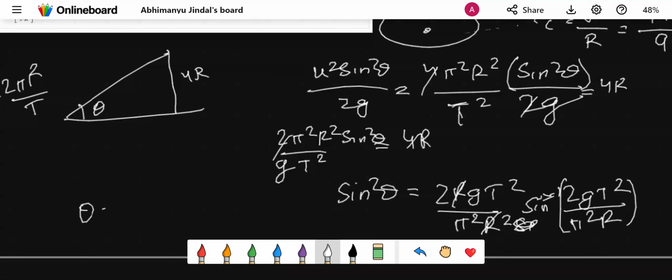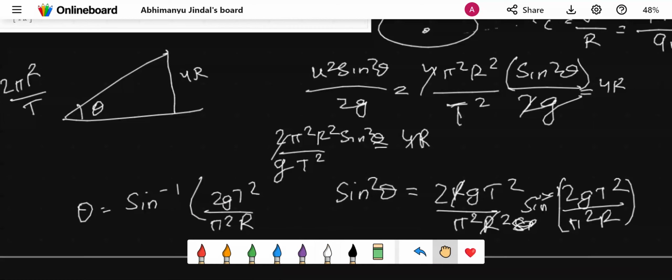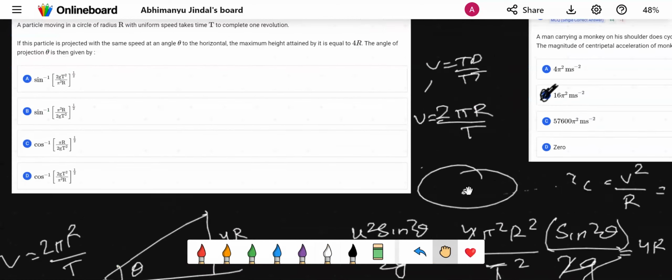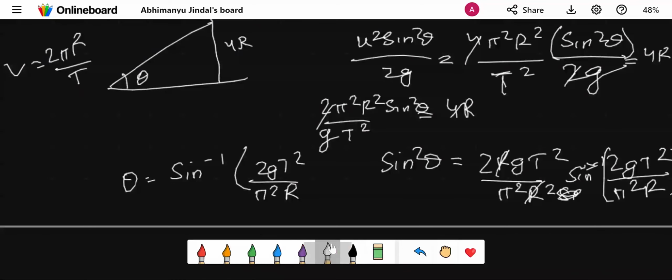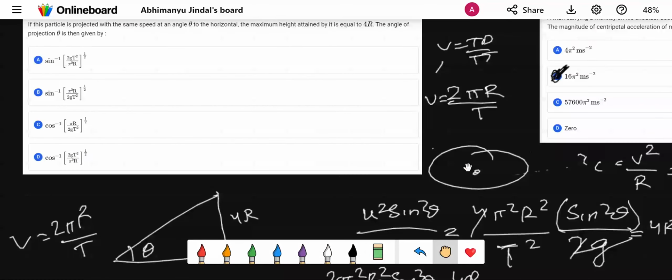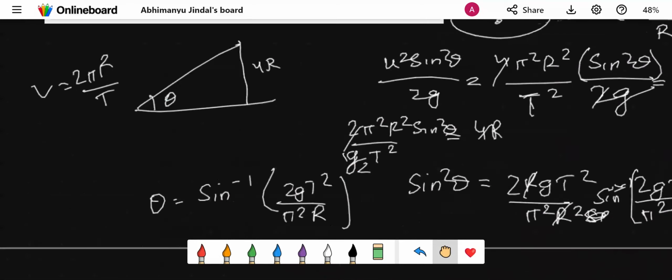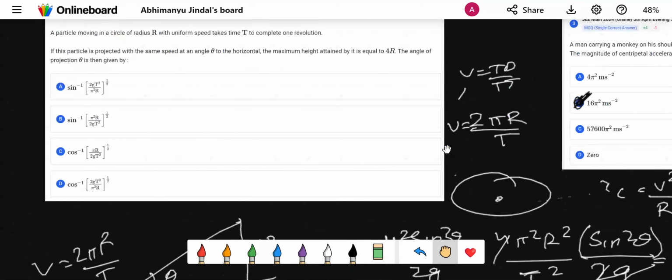So theta equals sine inverse of 2g t square by pi square r, to the power half, of course. Okay, so sine inverse of 2g t square by pi square r. So option A is our correct answer to this question.